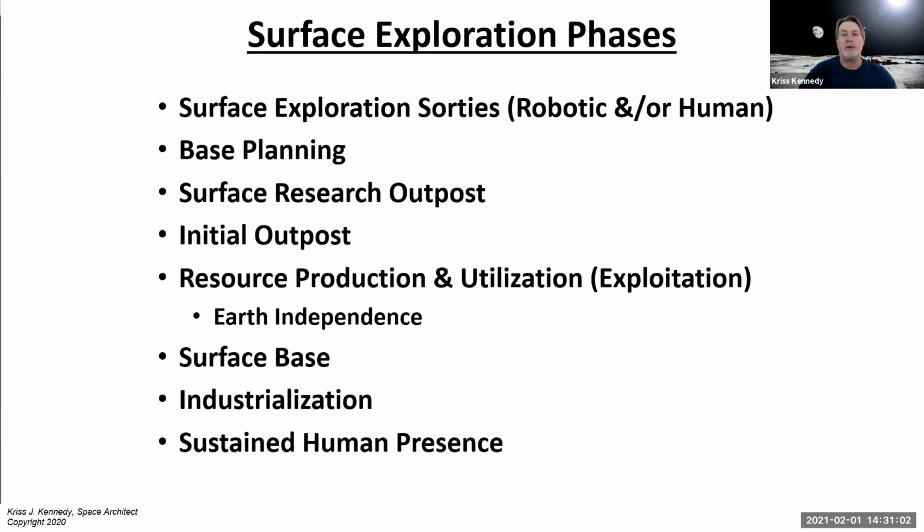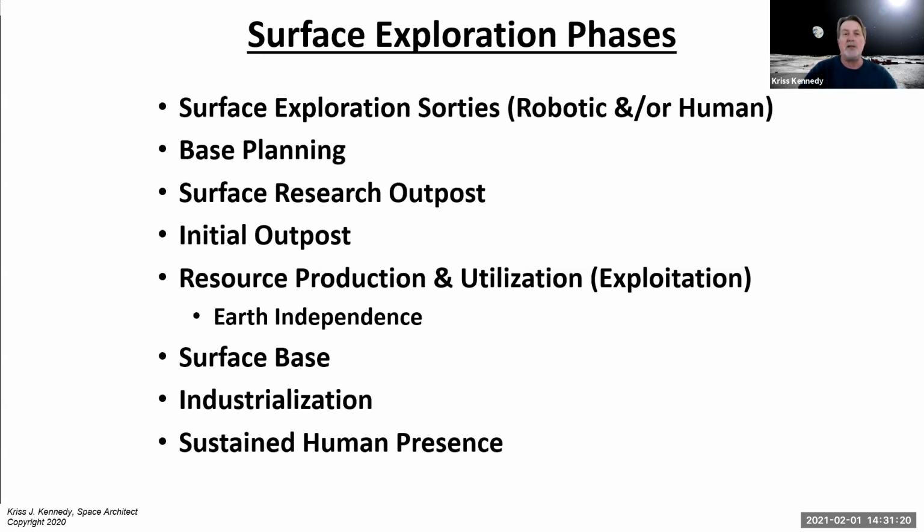When talking about surface exploration, you might want to think about it in terms of phases. So you have your surface exploration sorties, which are robotic and/or human sorties. Apollo was an example of a surface sortie with humans.